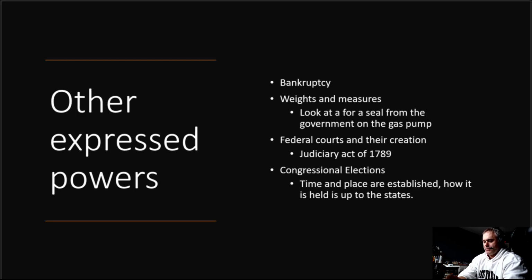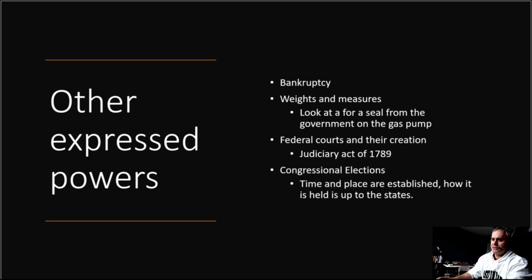That's the government's way of making sure gasoline pumps are actually giving you a gallon. It's not the idea of, hey, my version of a gallon is different than your version of a gallon. Same thing with other aspects too. Congressional elections, time and place are established, so Congress can say when those elections will be held. However, it's up to the states to determine how those elections will be carried out.